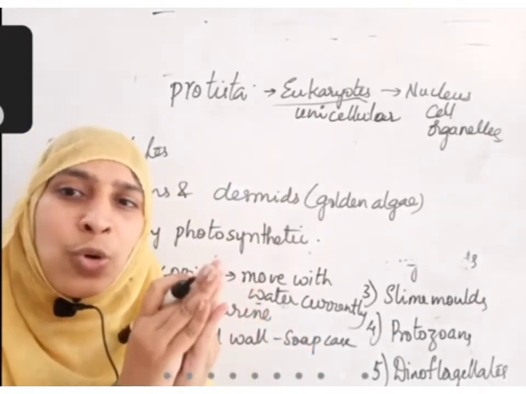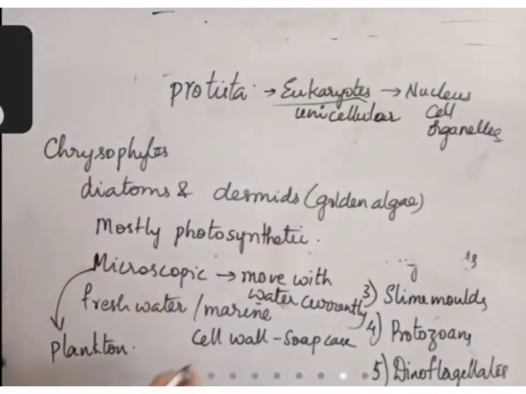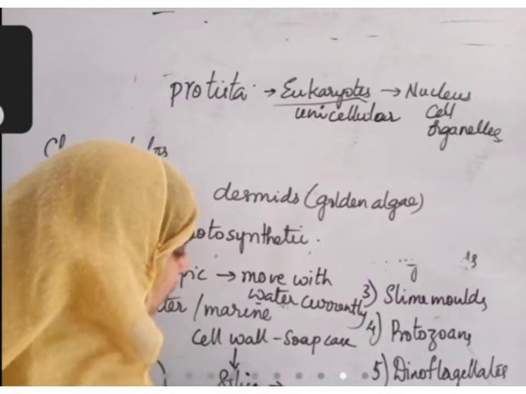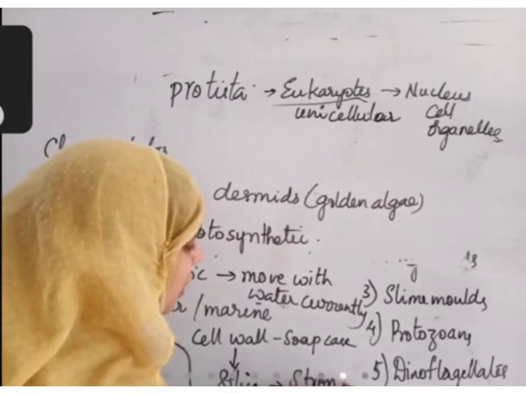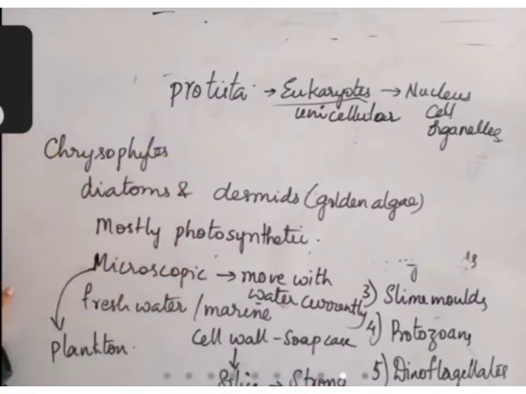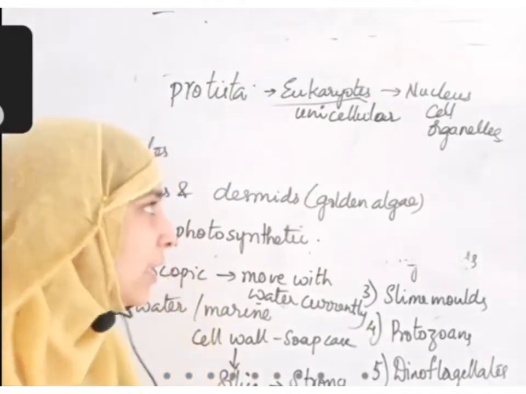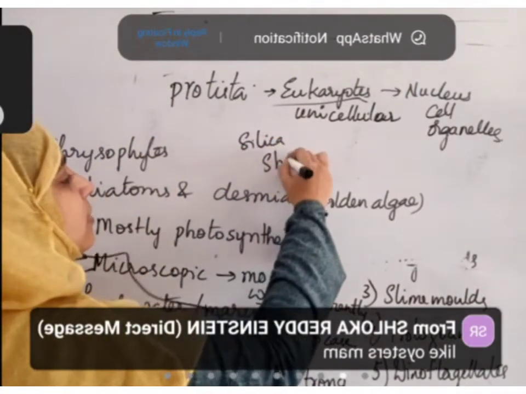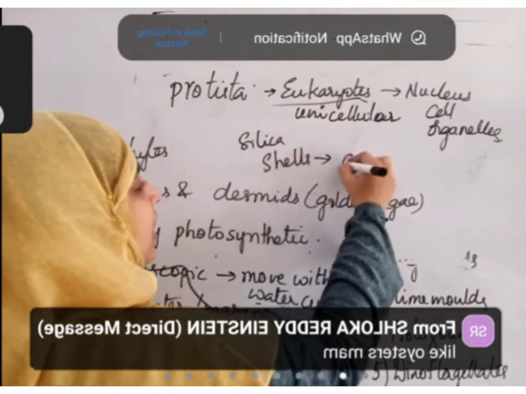It can open like a soap case. This cell wall has silica in it. If silica is present, it is very strong. It will not be destroyed quickly. This is the reason why the floor of the ocean has silica shells from these diatoms.